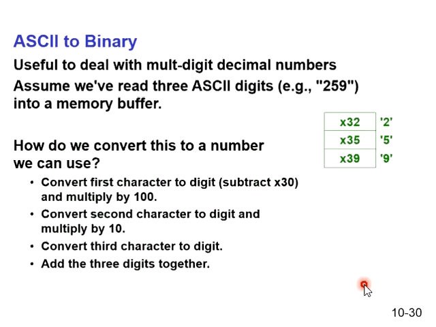So over here, firstly, you have ASCII to binary. ASCII, this is the ASCII value, the ASCII code. When we input 2, input 5, input 9, we have the ASCII values, and you want to convert them to their values.